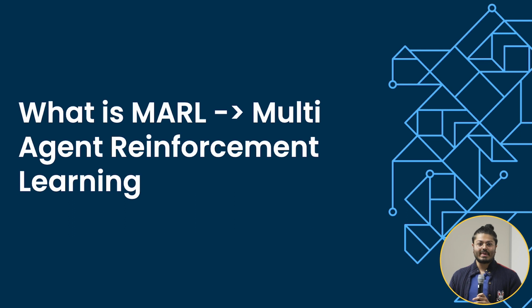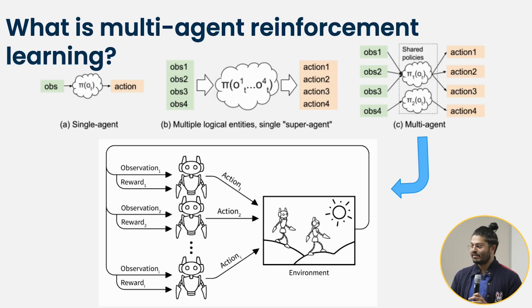But let's first talk about multi-agent reinforcement learning itself. So quickly, just to show a really technical graphic, to simply think about it, as the name implies, single agent reinforcement learning is when a solitary agent navigates an environment. So the agent's actions and the environment's responses are the core of the learning process.